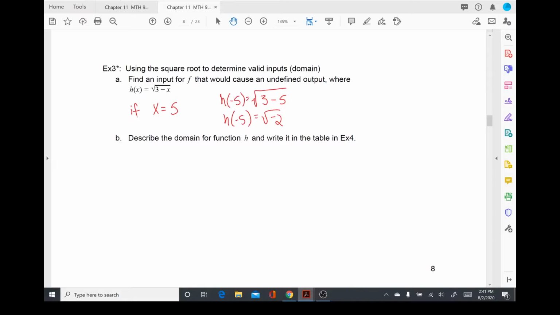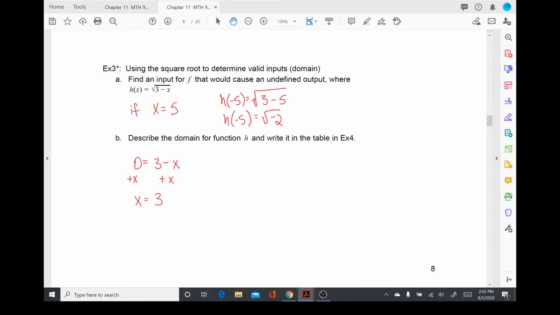So similar to what we were doing with the denominator, we're going to set the work that's under the square root symbol equal to 0 and solve for what x values we're thinking about as being the breaking point between what works and what doesn't work. So that's 3. And can you take the square root of 0? All right, is there a number times itself that makes 0? Yep, 0. So that 3 is allowed.